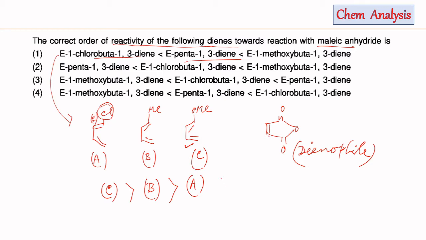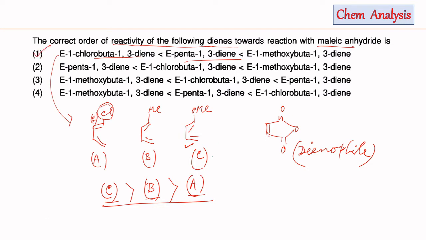Therefore the reactivity order will be C greater than B, and the least reactive will be A, since the more electron rich the diene, the more reactive it is.